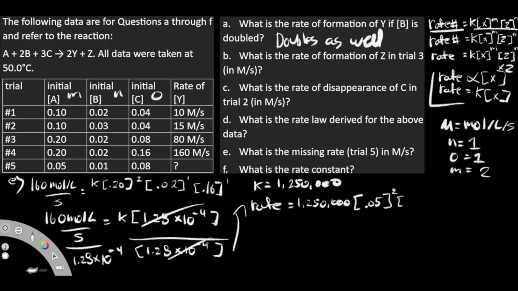Multiply it by 0.01, to the power of 1, our n, and then the last one we have is 0.08, to the power of o, which is 1. There we have it. You just plug this all in together. What do you end up getting? We end up getting a value of 2.5.